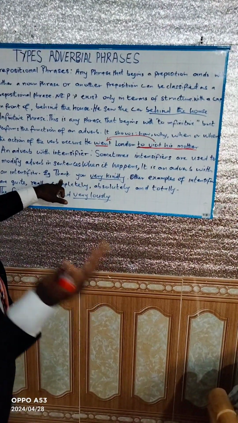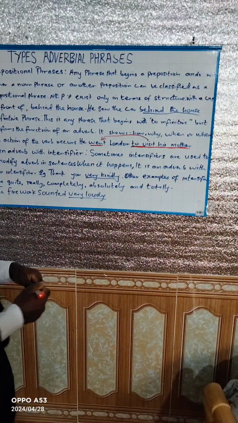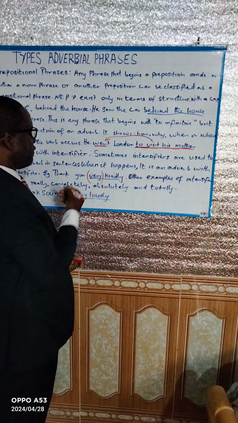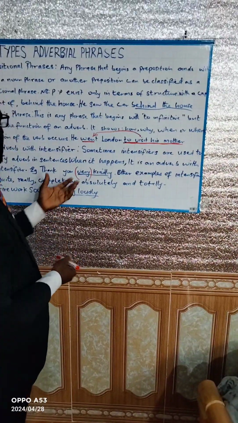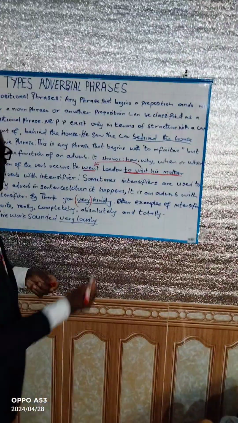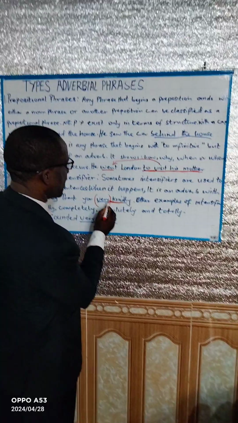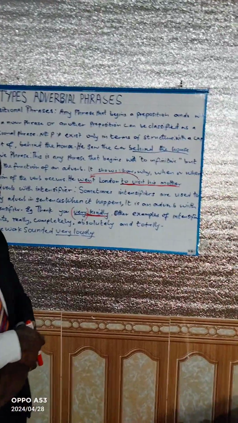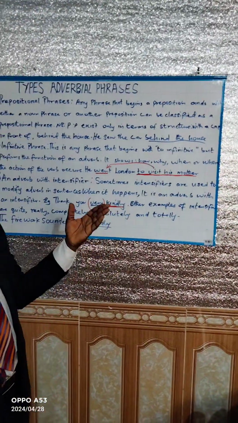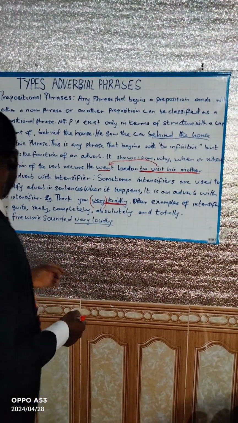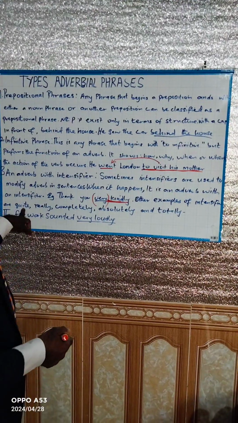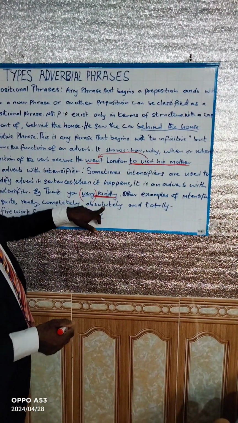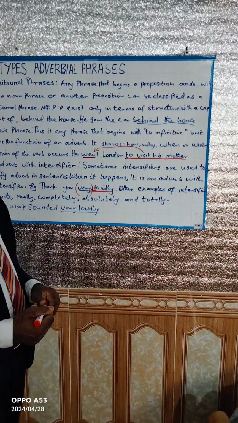Now say, for example, thank you very kindly. Thank you very kindly. We see here that very is an intensifier. Then it is helping very kindly or kindly, which is an adverb. Now, there are other examples here. For example, quite, really, completely, absolutely, and totally.